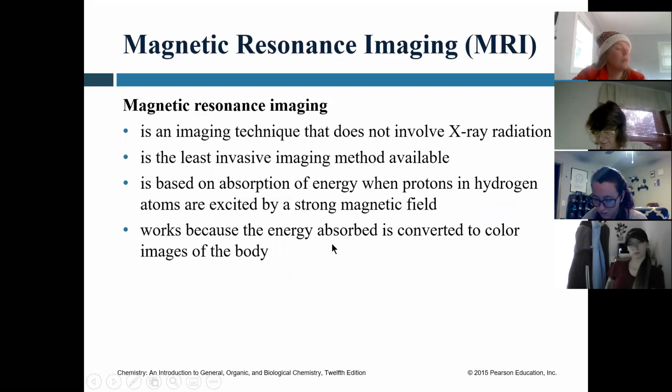We have magnetic resonance imaging, or MRI. This is an imaging technique. It doesn't involve any sort of X-ray radiation. It's the least invasive of any of the methods available.